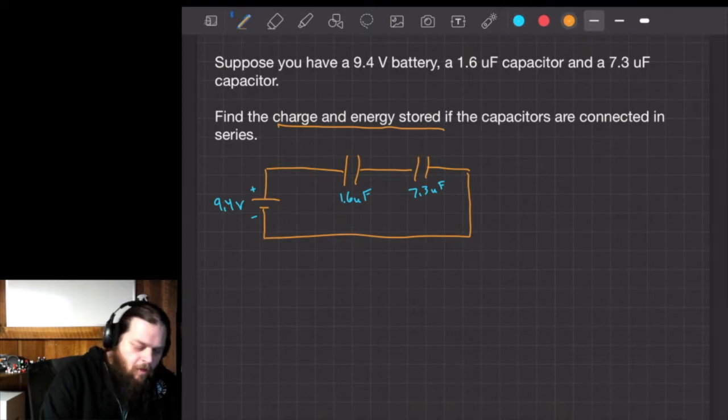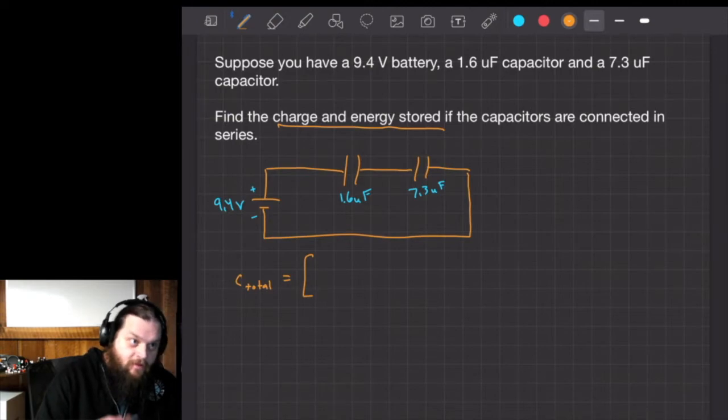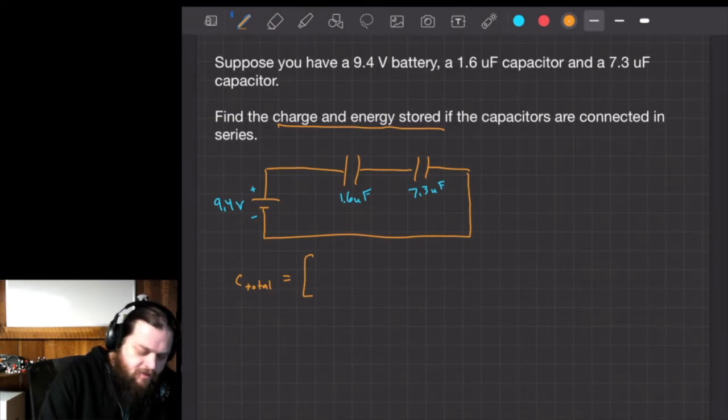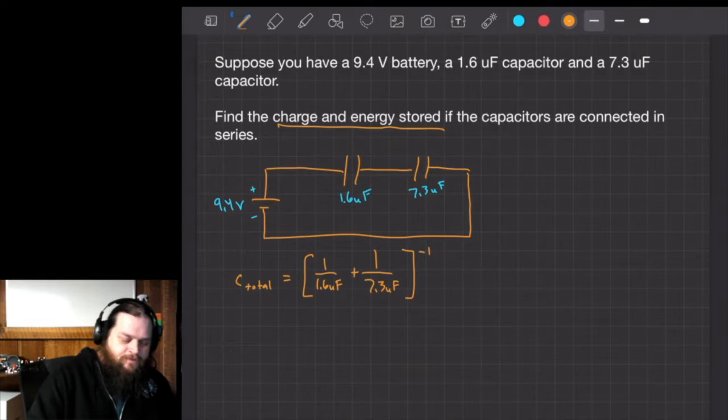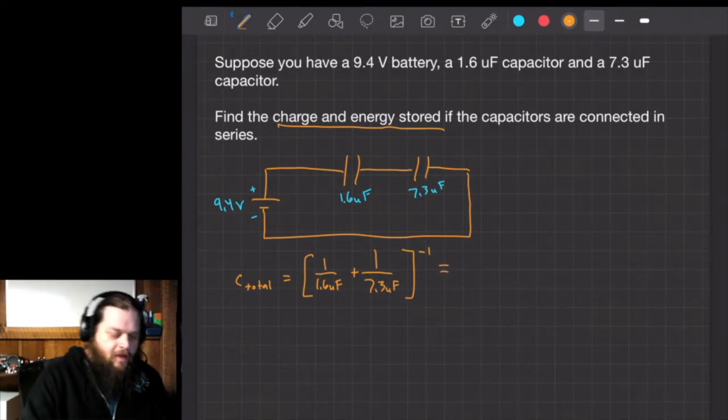So the total capacitance we could find is going to be equal to the reciprocal of the sum of the reciprocals of these. There's a lot of reciprocals. But 1 over 1.6 uF plus 1 over 7.3 uF, and we're going to take that to the negative 1 power, just to find that total capacitance.